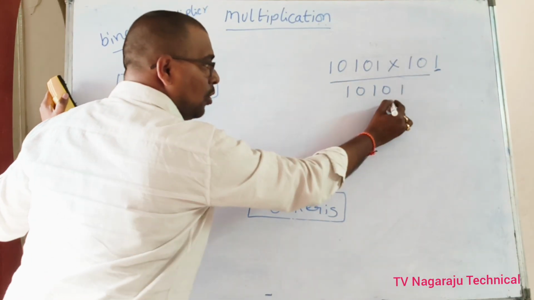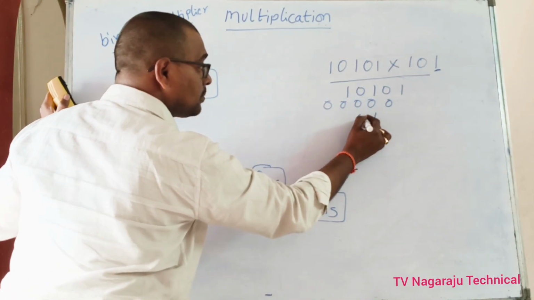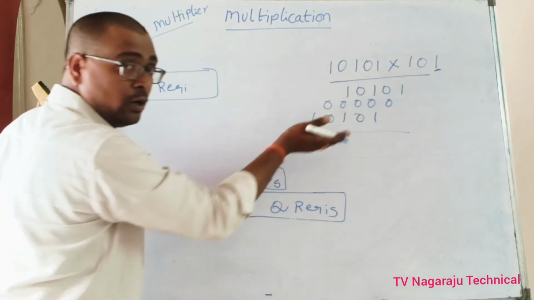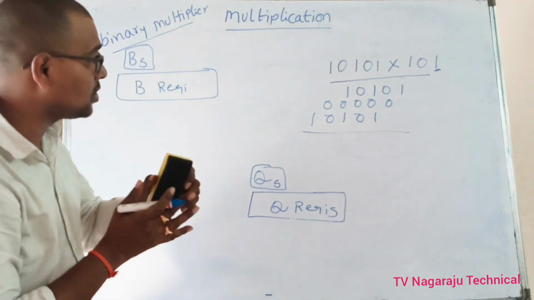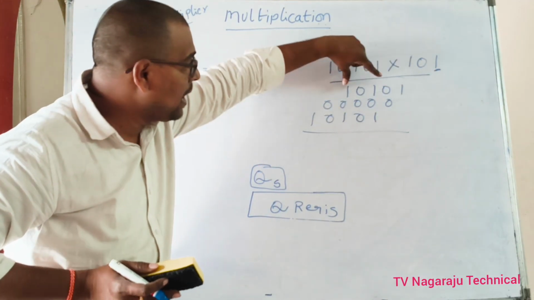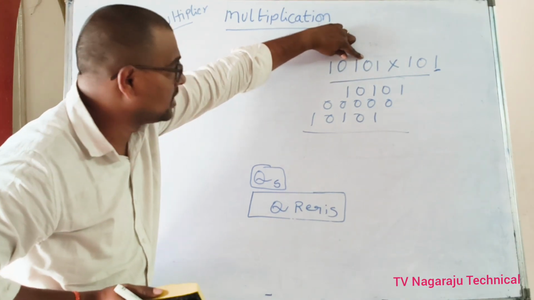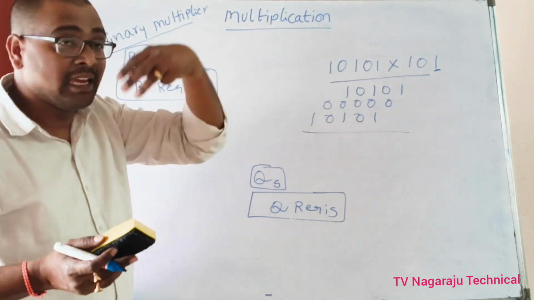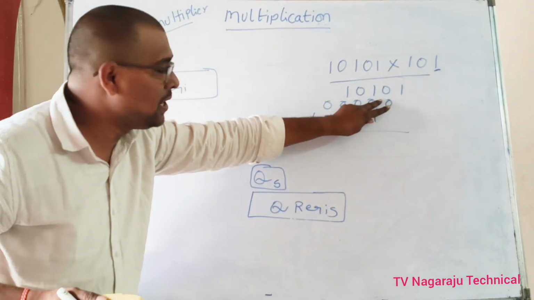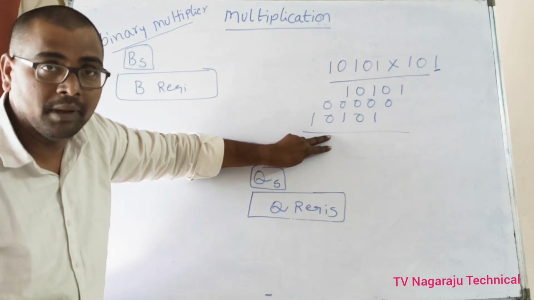If it is 0, no, this is the general multiplication operation. If the multiplier bit is 1, then we perform the operation, that is, we add this one to all the zeros. In the next step, if it is 0, we simply do a shift operation. Again, if it is 1, we perform addition.